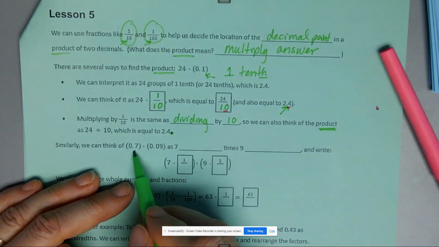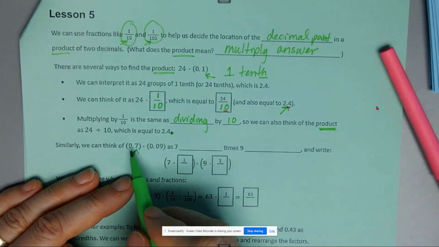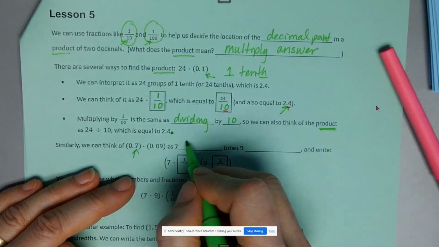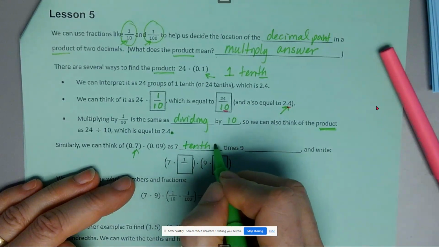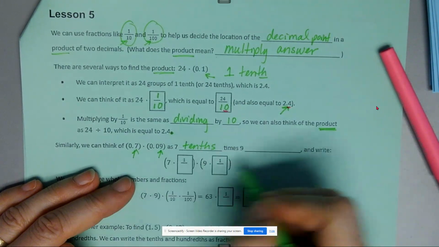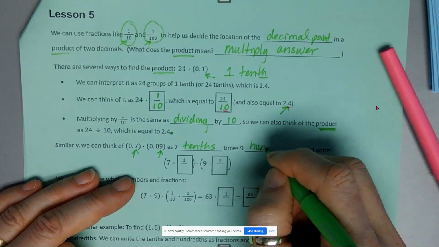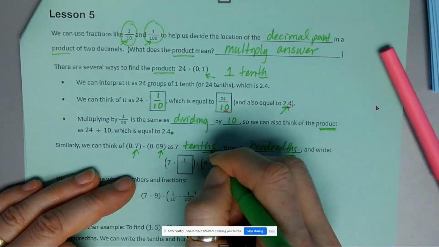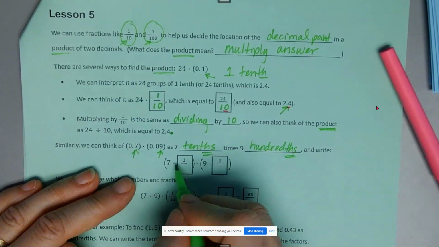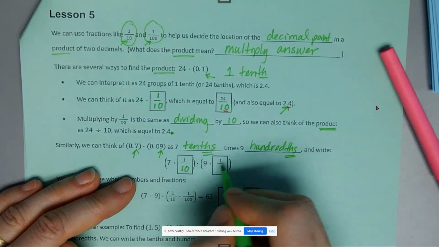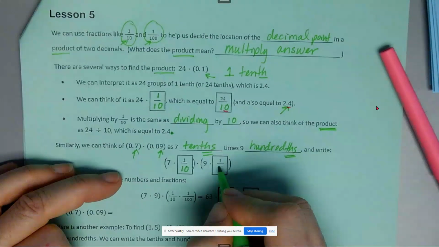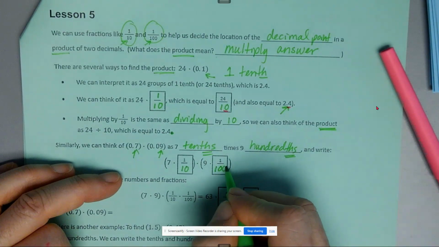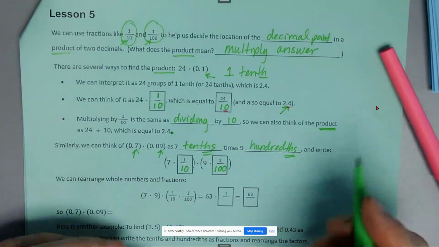All right, so the next problem, think of this place value. This is 7 tenths. And this place value is 9 hundredths, with the TH. So we could write this as 7 times 1/10 and 9 times 1/100.